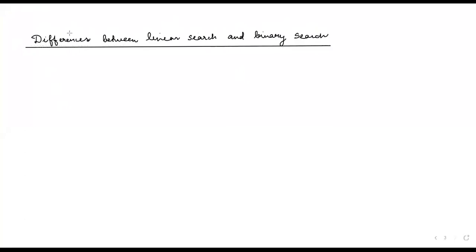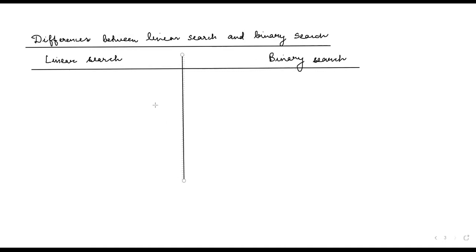Make two columns. First column for linear search and the other column for binary search. ये एग्जाम पर्पस के लिए बहुत इंपॉर्टेंट है। थ्योरी क्वेश्चंस इसमें बहुत आते हैं.